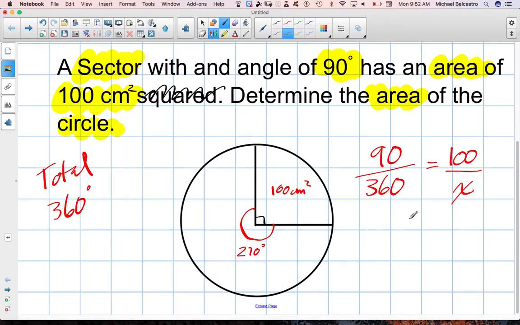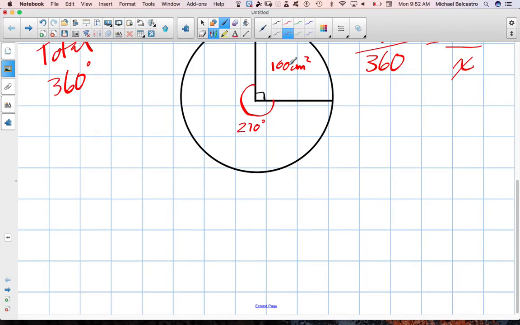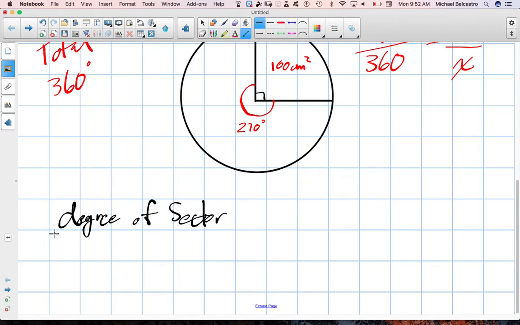So we've just set up a really nice ratio for this. The formula was essentially degree of sector divided by degree of circle.